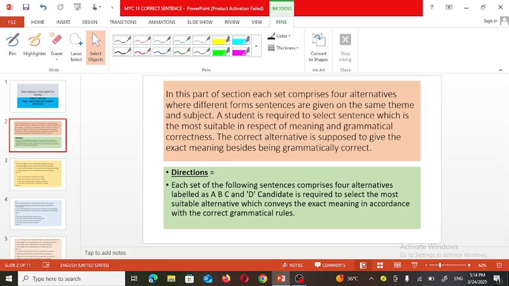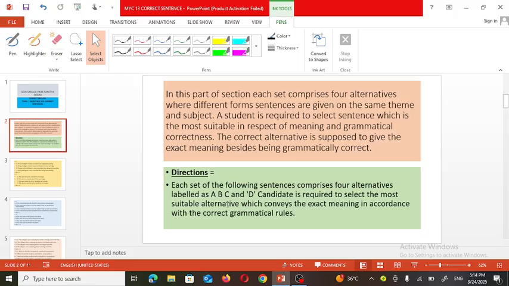In this section, each set comprises four alternatives where different forms of sentences are given on the same theme or subject. A student is required to select the sentence which is the most suitable in respect of meaning and grammatical correctness. The correct alternative is supposed to give the exact meaning besides being grammatically correct.